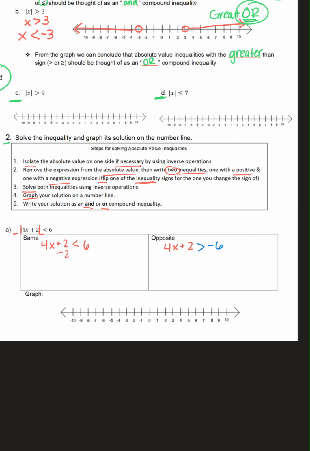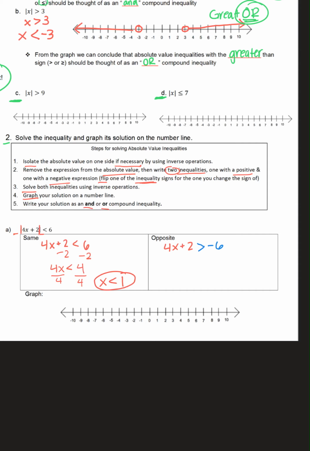I'm going to subtract 2 on either side. I get 4x is less than 6 minus 2 is 4. 4x means times. Opposite of times is division. So I'm going to divide by 4 on either side. And I get x is less than 1 as my first answer on the left.